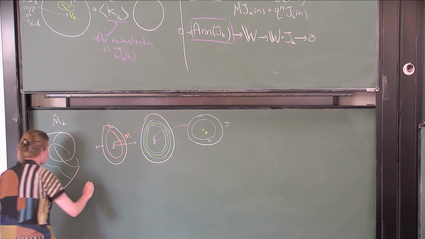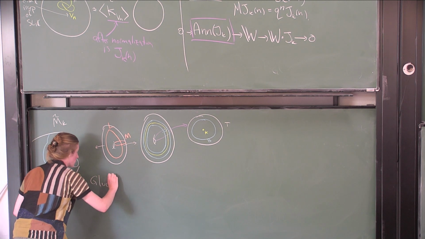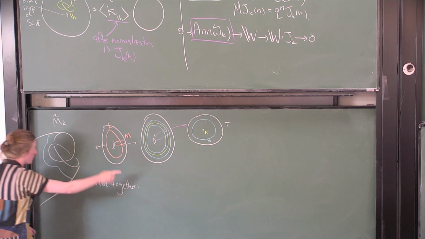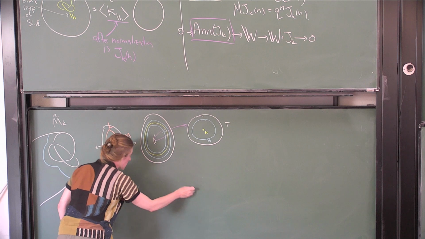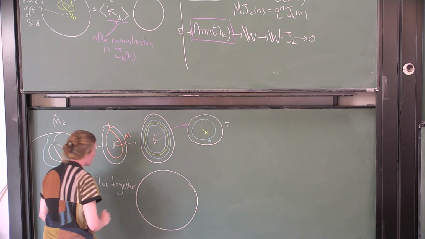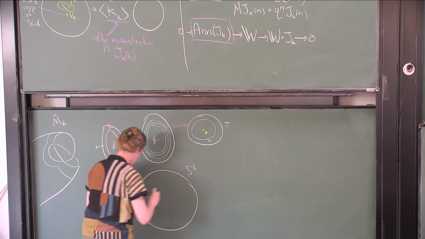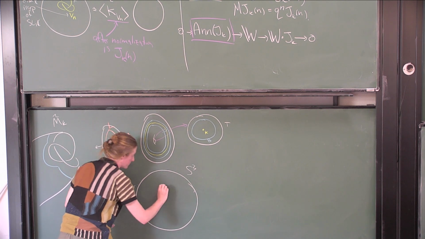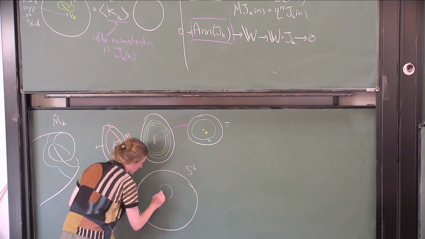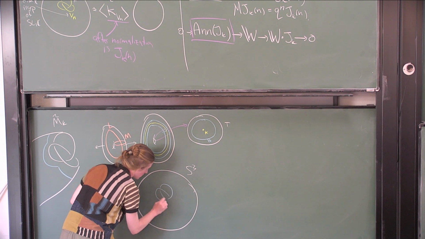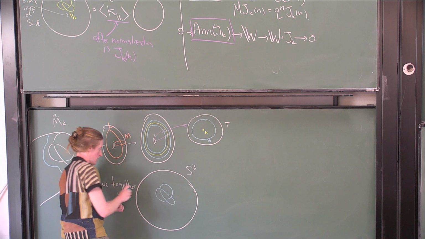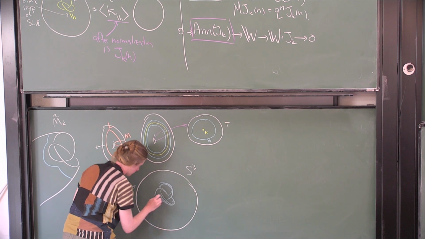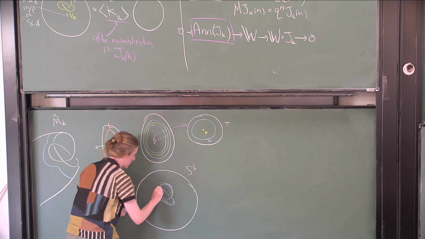And so when I glue it together, when I compose all of these things, what I'm going to get is a copy of S3 with this trefoil. Here, I'll just draw it kind of in a way that makes it clear that it's complicated, and then I'll zoom in and say what it looks like.